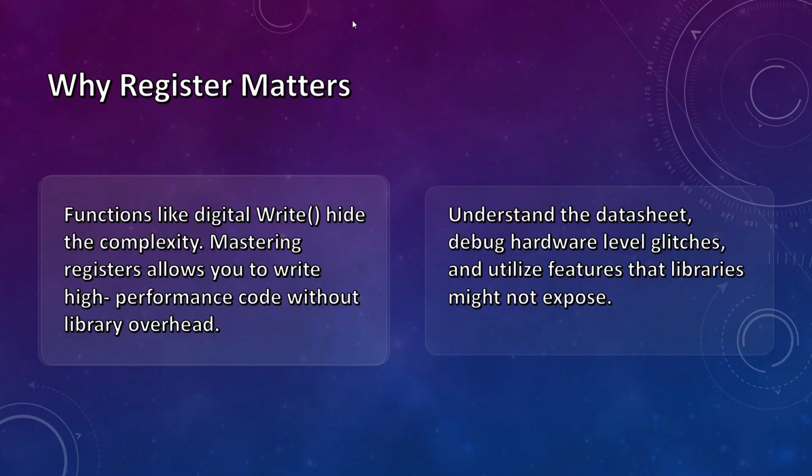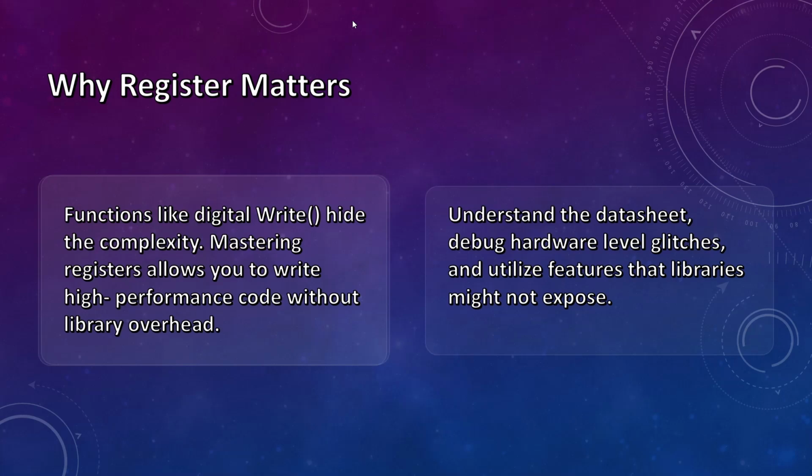Why do beginners start their embedded journey using libraries? For example, a function may turn on or off the LED using a single line of code. It looks simple, but behind the scenes, those functions are modifying resistors.